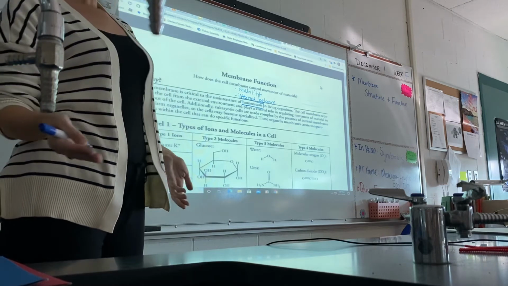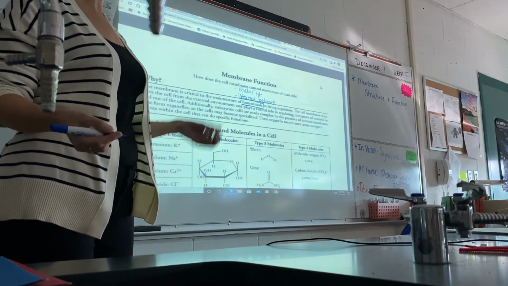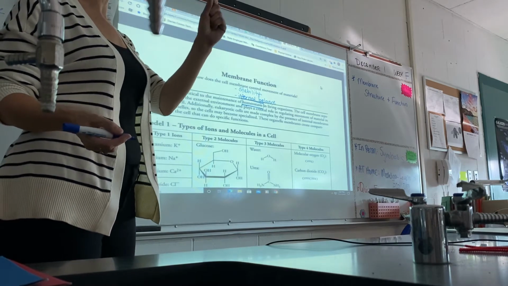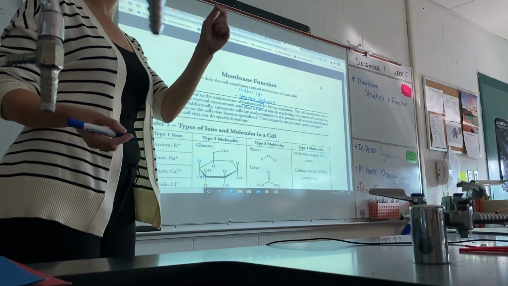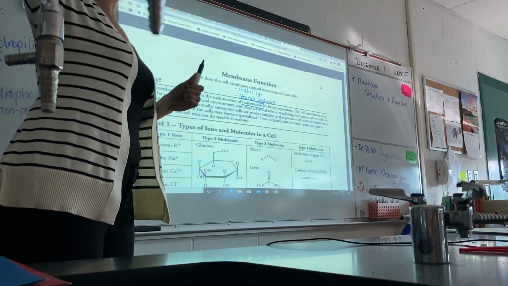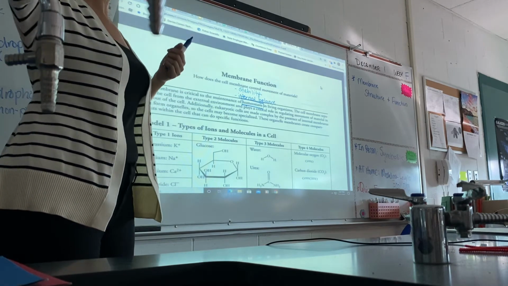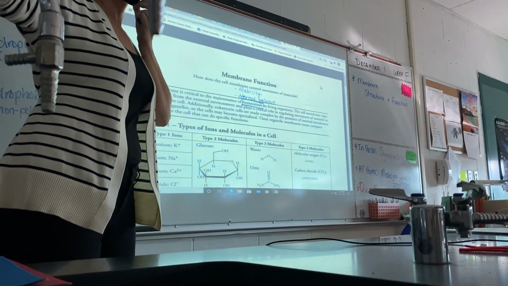Body temperature, another good example of how homeostasis plays a key role, right? Our bodies like to operate at an ideal temperature really close to 98.6. What happens if I go out of that range too far? If I get too hot and approach 102, 103, 104, what could eventually happen to you?